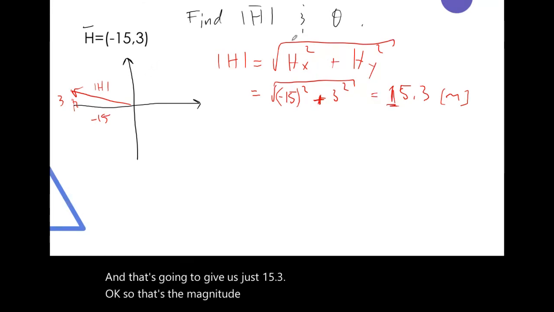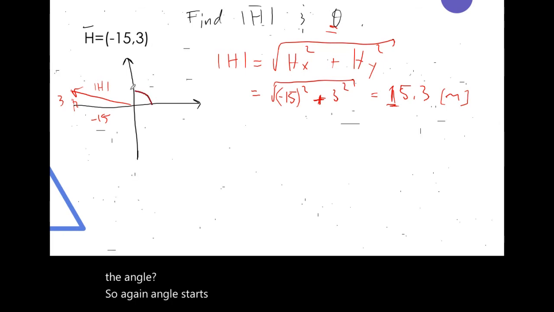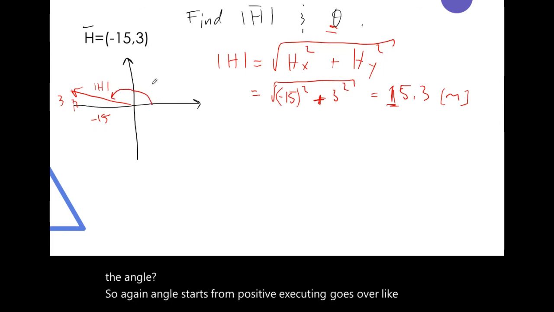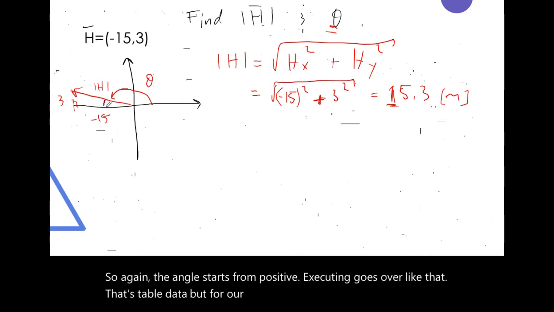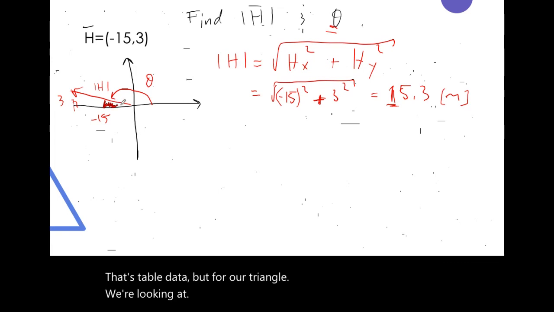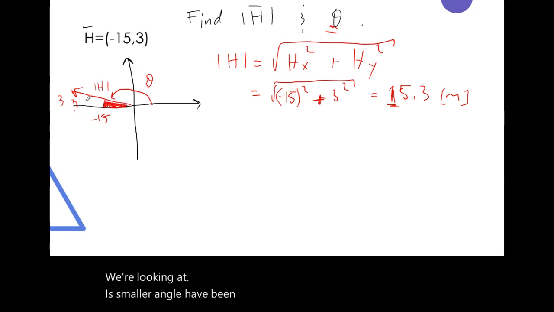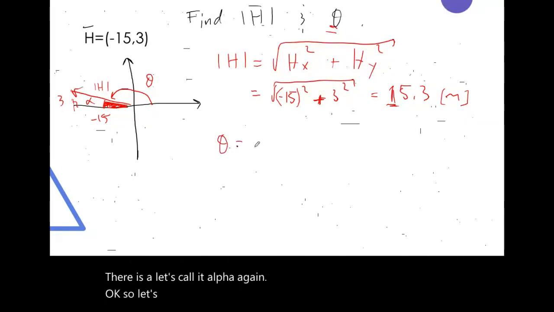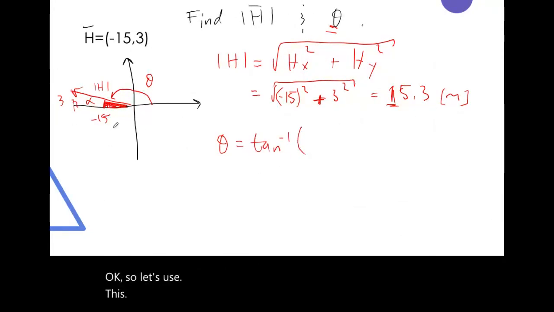So now what about the angle? Again, the angle starts from the positive x direction and goes over like that. That's the angle theta. But for our triangle, we're looking at a smaller angle up in here. Let's call it alpha again. Let's use tangent, where it's opposite, so 3, over the adjacent, 15.